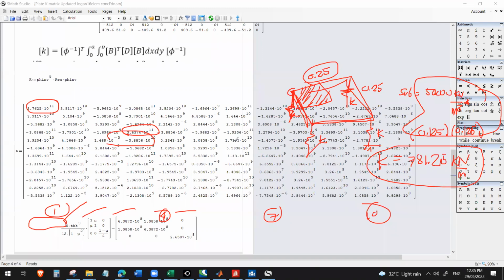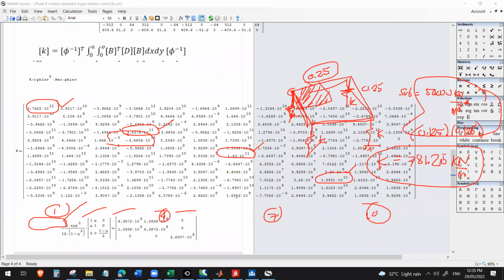This too. And then 10. 8, 9, 10. Those values are the stiffness of our plate on the vertical displacement.